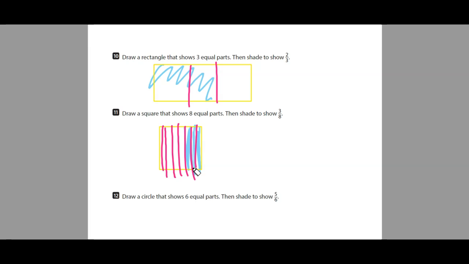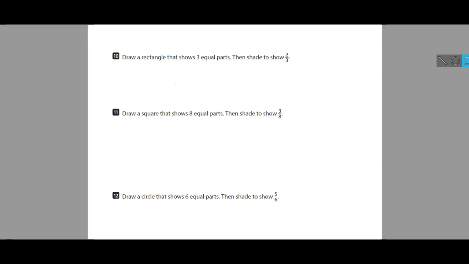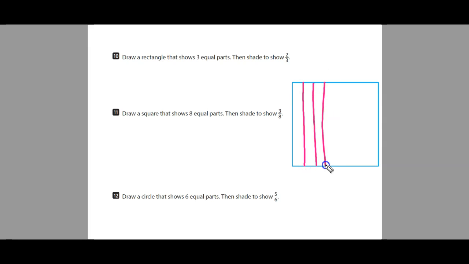And it has to be this. So if this is your square, and it says 8 equal parts, that's 1, 2, 3, 4, 5, 6, 7. Then it would just be these 3 right here.